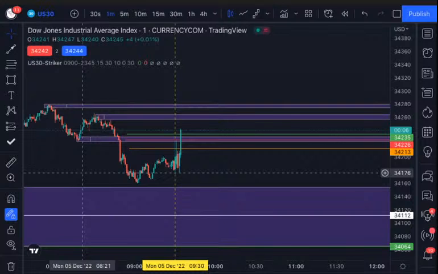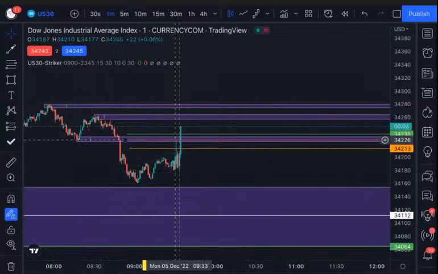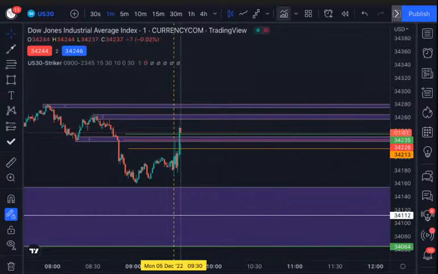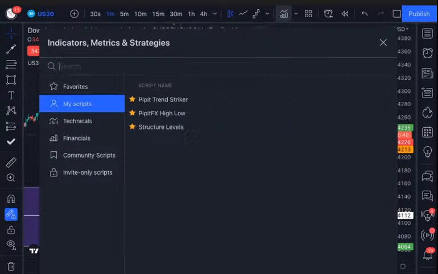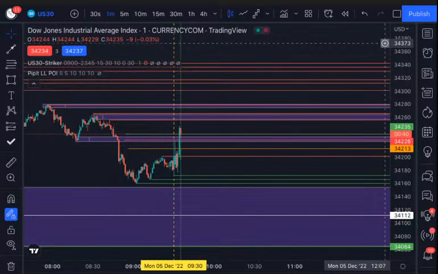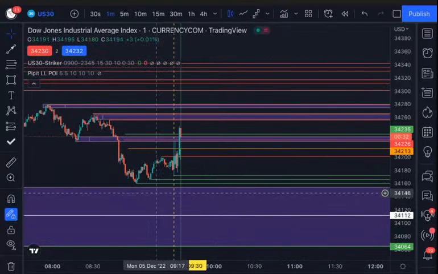I did change usernames, so I might have to re-add you. Just send me your TradingView username. Just text me that down.